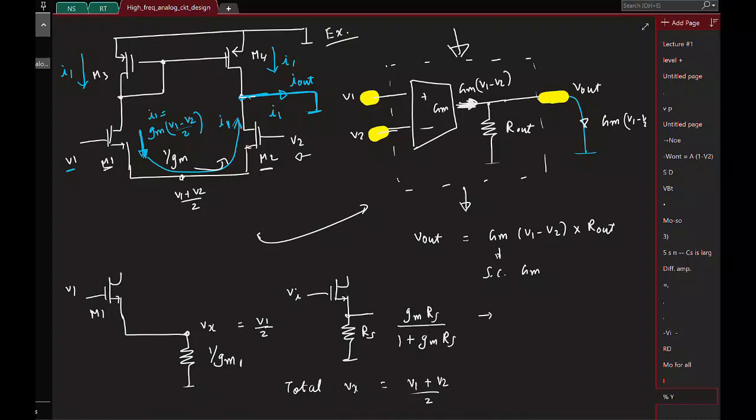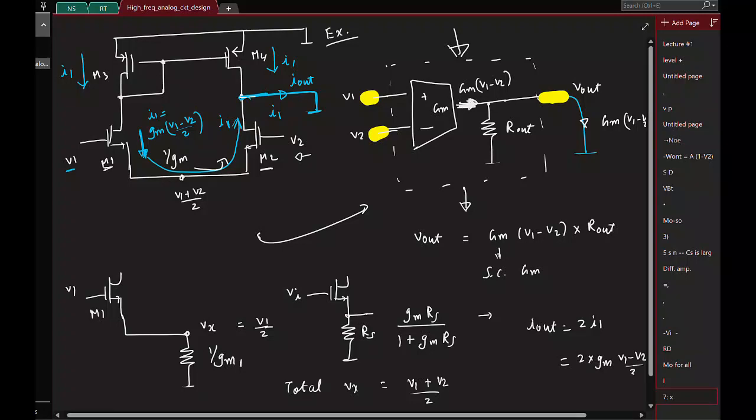So what is the total current Iout now? Iout is 2 times I1, and I1 we know is gm times (V1 minus V2) by 2. So this is basically gm times (V1 minus V2). So what is the short circuit gm here? It's gm1. Let me mark the transistor name. It's gm1.